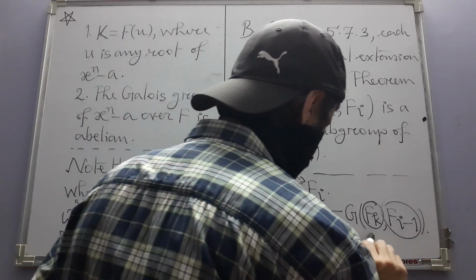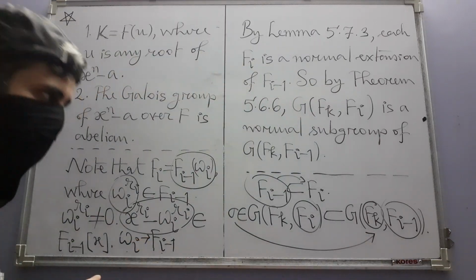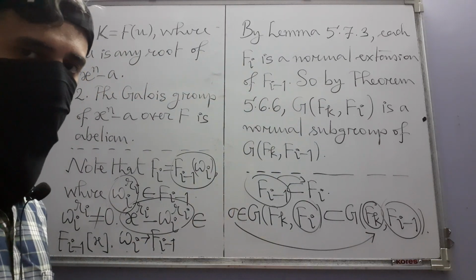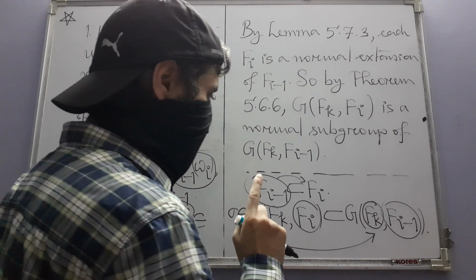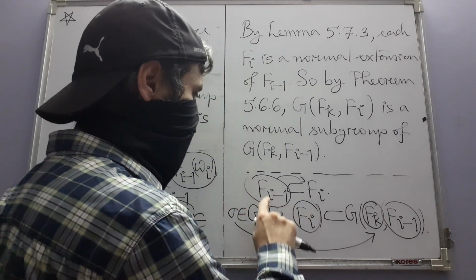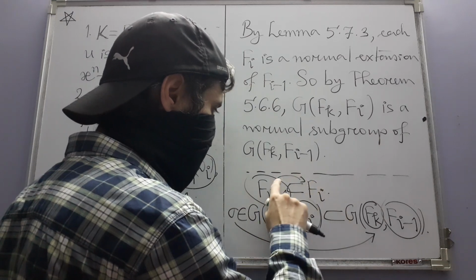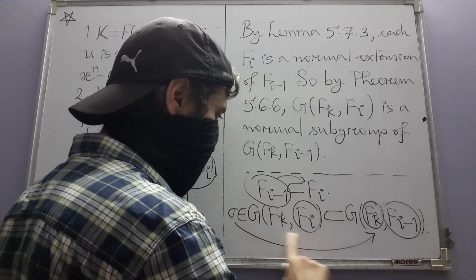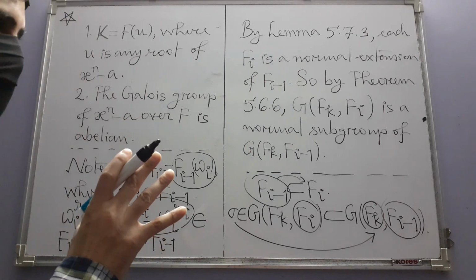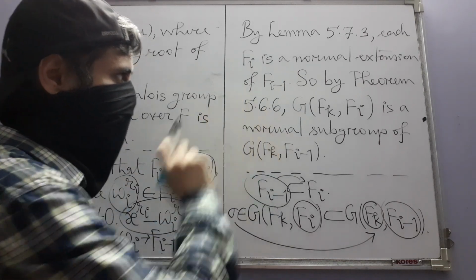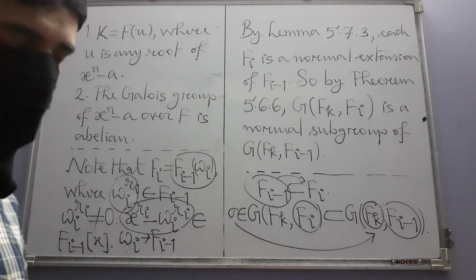So sigma will be an element here. That's why the containment gets reversed. Its direction changes. That is true in general, but normality of this extension over this means that this subgroup is a normal subgroup of this. That's one thing that this fundamental theorem of Galois theory says.